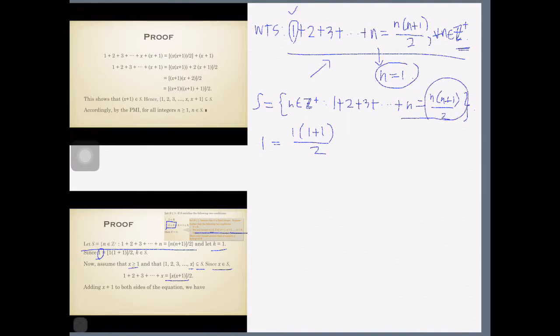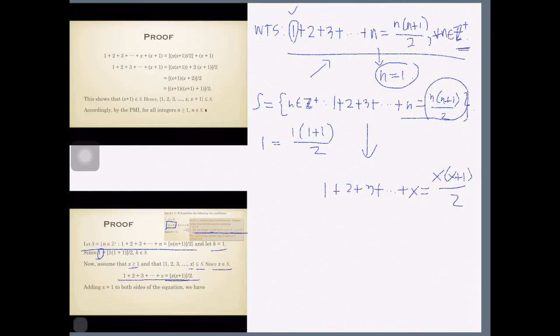So we can write this predicate here: 1 plus 2 plus 3 plus until n, x or k that we're trying to consider here, would be equal to x times x plus 1 all over 2. That's this statement right here.